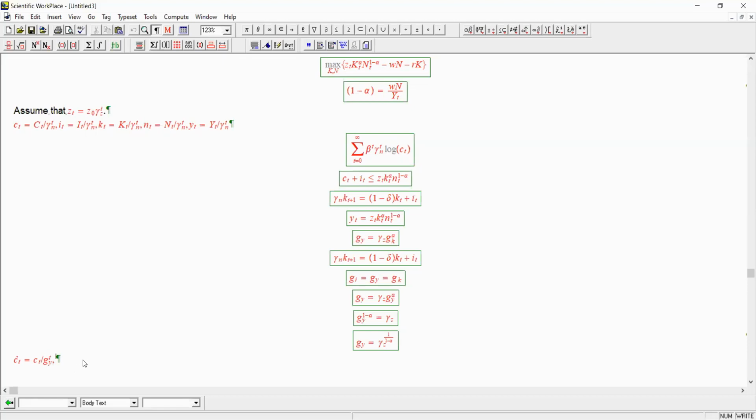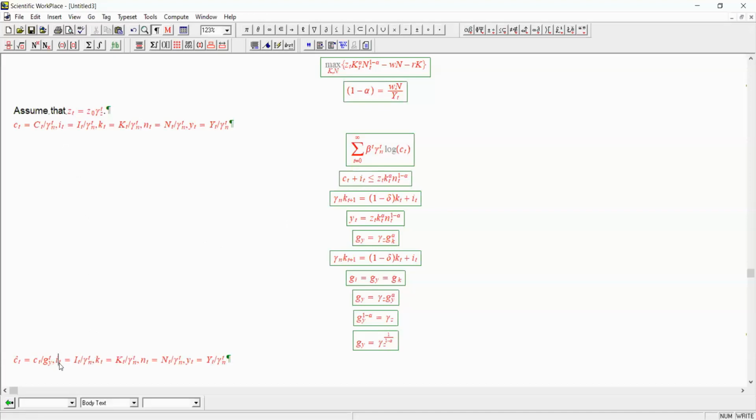In other words, we're defining this c hat variable to be the deviation of consumption from its trend. Notice I put g_y here because, of course, if output has a long-run trend, the trend of consumption and of investment would have to be the same. The growth rate of output will have to be, in the long run, the same as the growth rate of consumption and investment. And we can define the other variables similarly.